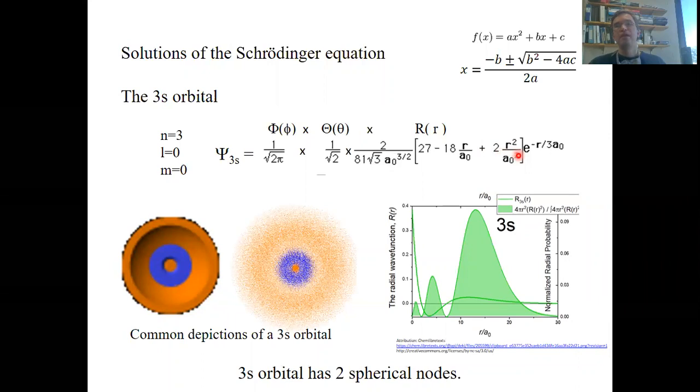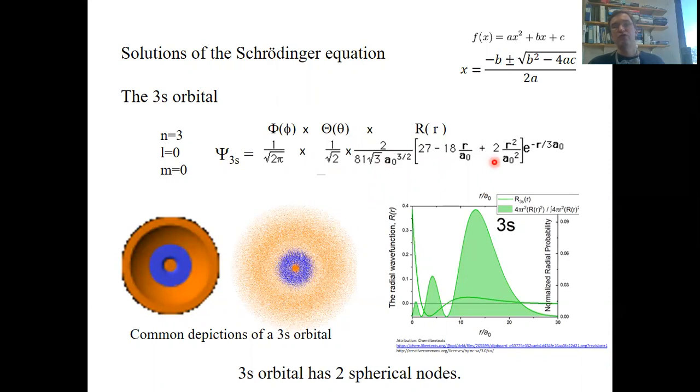Now this term here defines two spherical nodes for the 3s orbital, because there are two possibilities for this term to become 0. And when this term becomes 0, then the overall wave function becomes 0, because it is multiplied with the other terms as well.